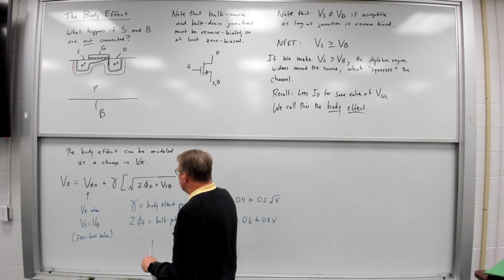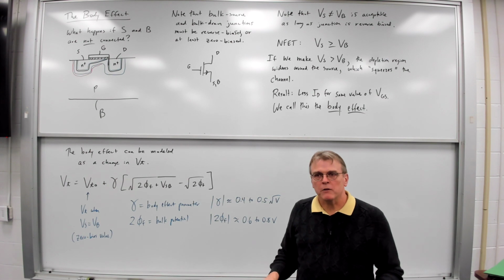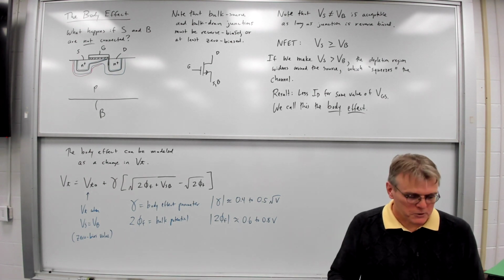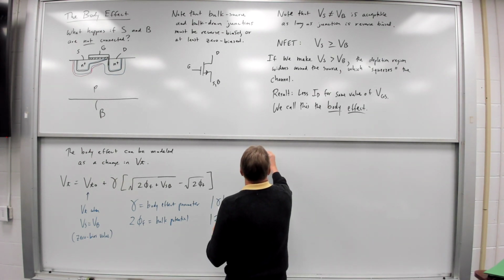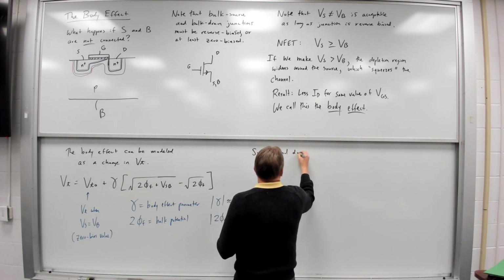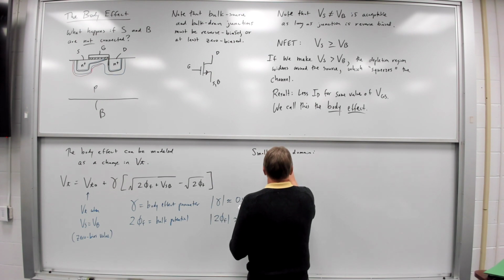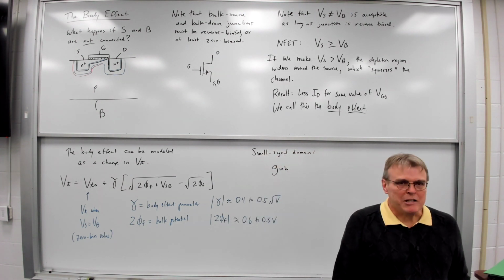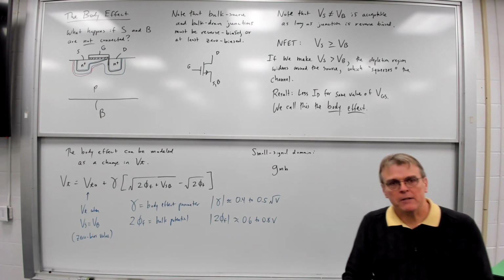Now it turns out that, because of this body effect equation, it actually adds an additional term to the small signal diagram. GMB, G sub M and G sub MB in this case. So G sub M was transconductance.